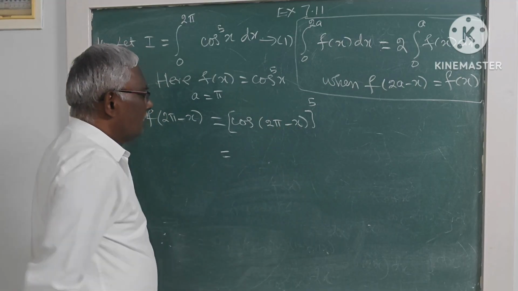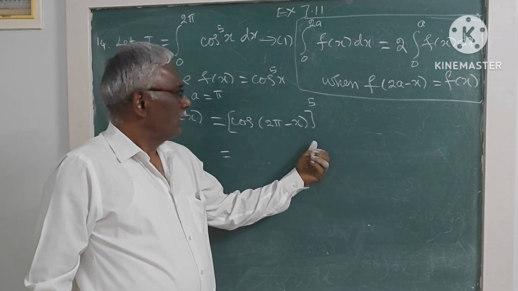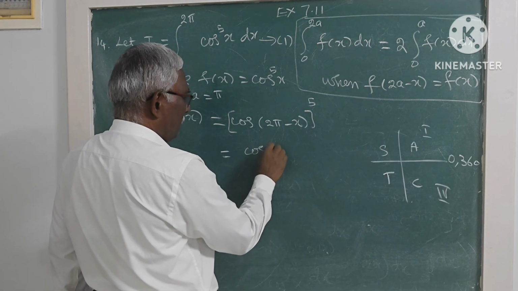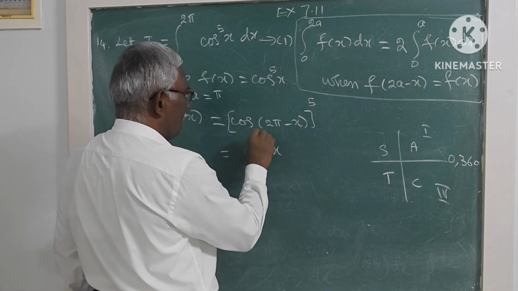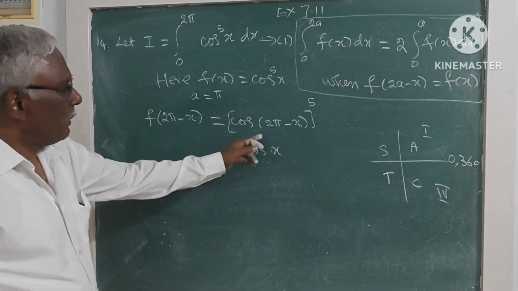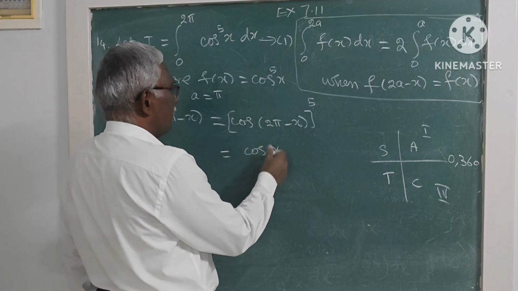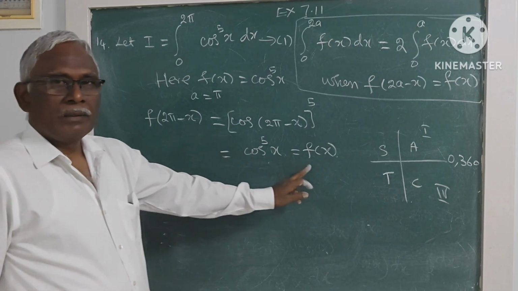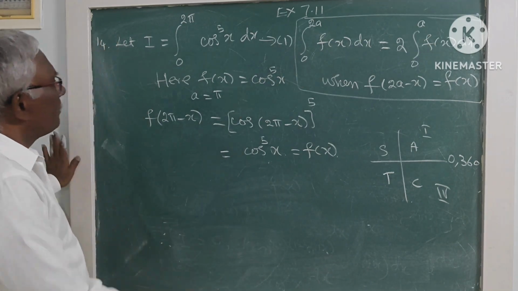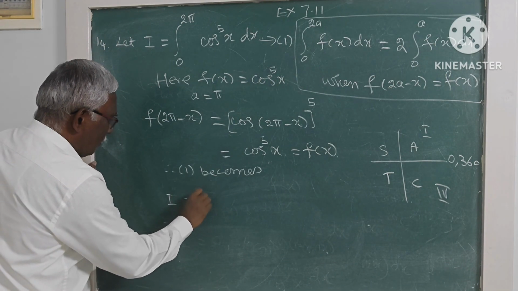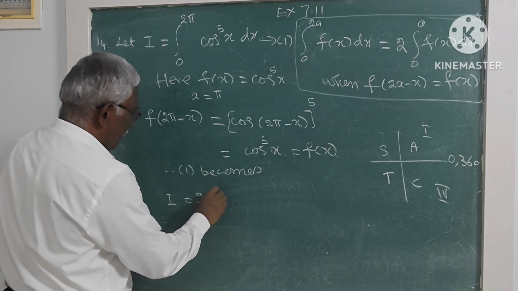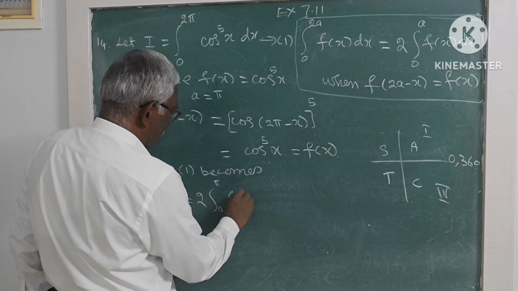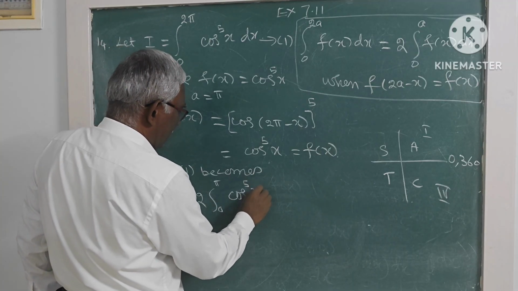So what is cos of 360 minus theta? Cos x itself. Cos of 2 pi minus x is cos x itself. So f of 2a minus x is equal to f of x is coming. Therefore I becomes 2 times the integral 0 to pi cos power pi x dx.